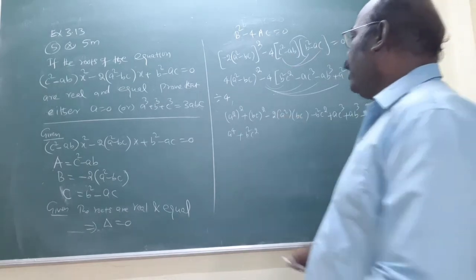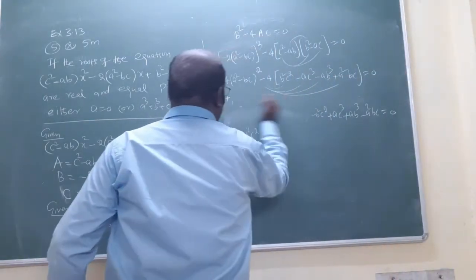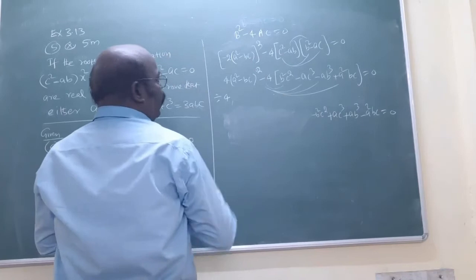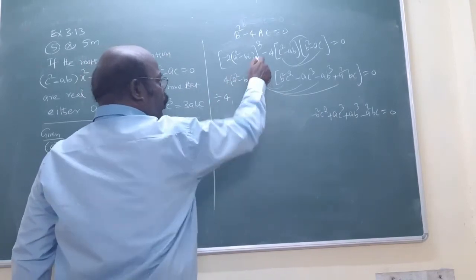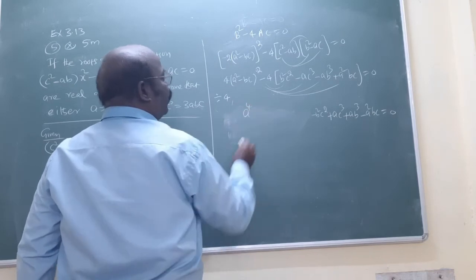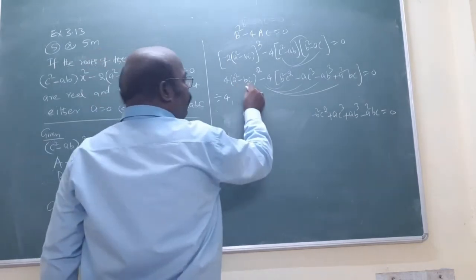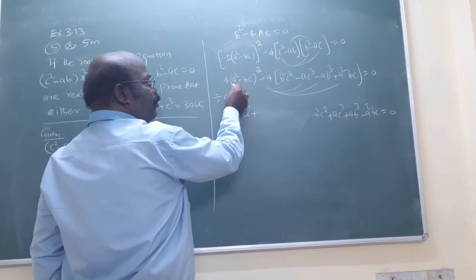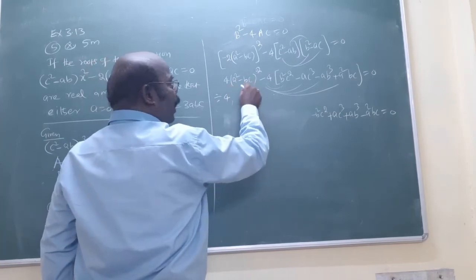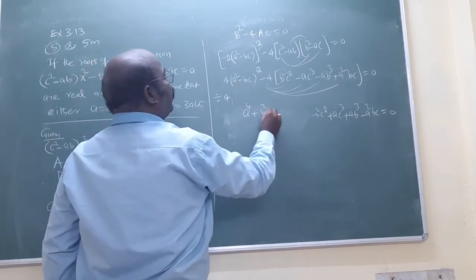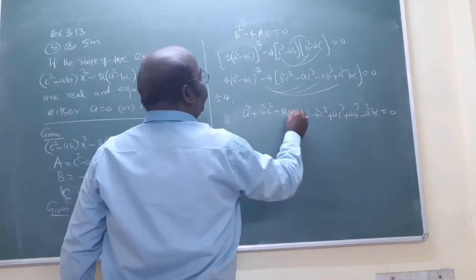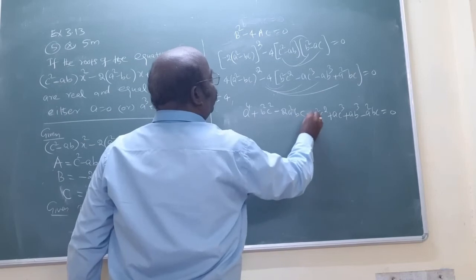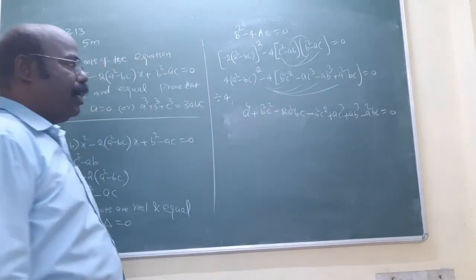Or otherwise, this is the direct right answer: a square whole square is a power 4, plus b square c square, minus 2 into a square bc. In this way, directly right answer. That one is easy.